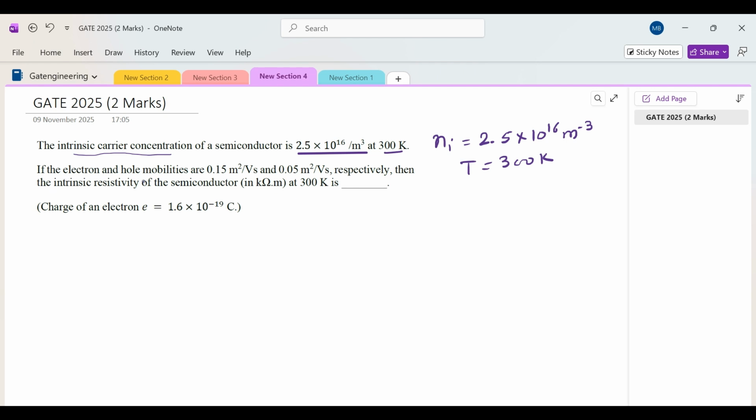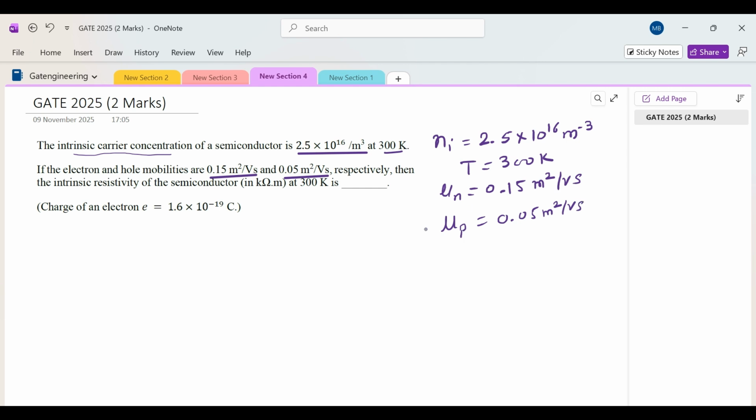If the electron and hole mobilities are 0.15 meter square per volt second and 0.05 meter square per volt second respectively, it means mu n is 0.15 meter square per volt second, and mu p, which is the hole mobility, is 0.05 meter square per volt second.